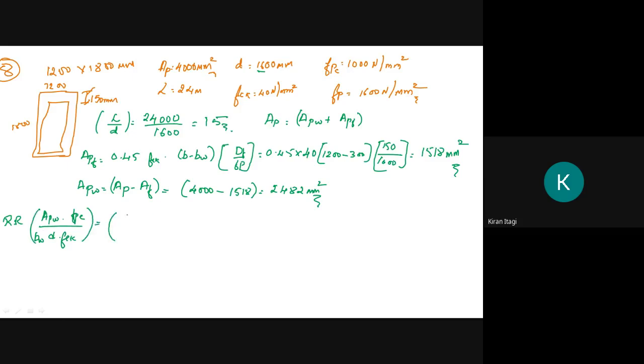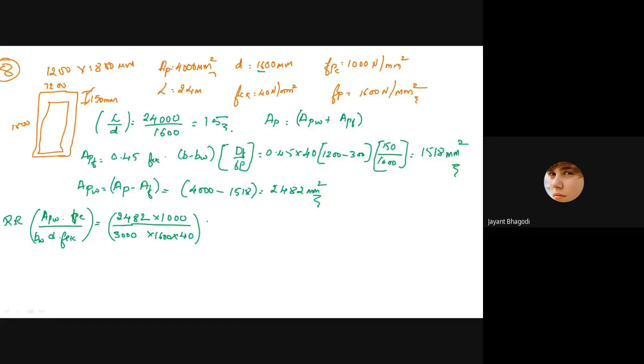We have got APW as 2482, multiplied by stress after the loss, 1000, divided by the width of the web, 300, multiplied by effective depth 1600, multiplied by FCK 40. BW is 300, sorry, 300. So you will get 1.29.